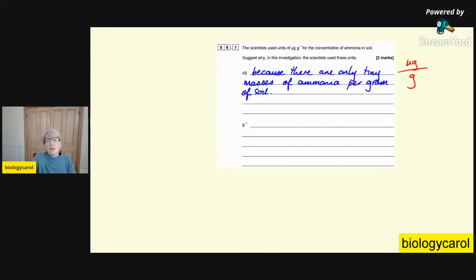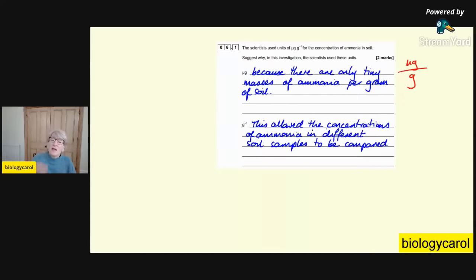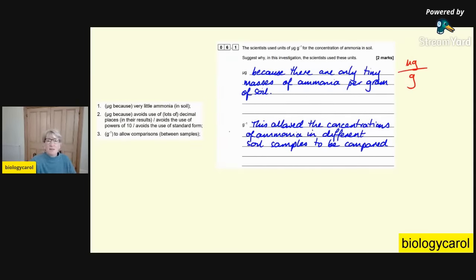And this allowed the concentrations of ammonia in different soil samples to be compared. Because if you use a standard amount of soil, then you can compare different soil samples, because almost certainly the mass of the soil is going to be different in each sample. So hopefully that makes sense.